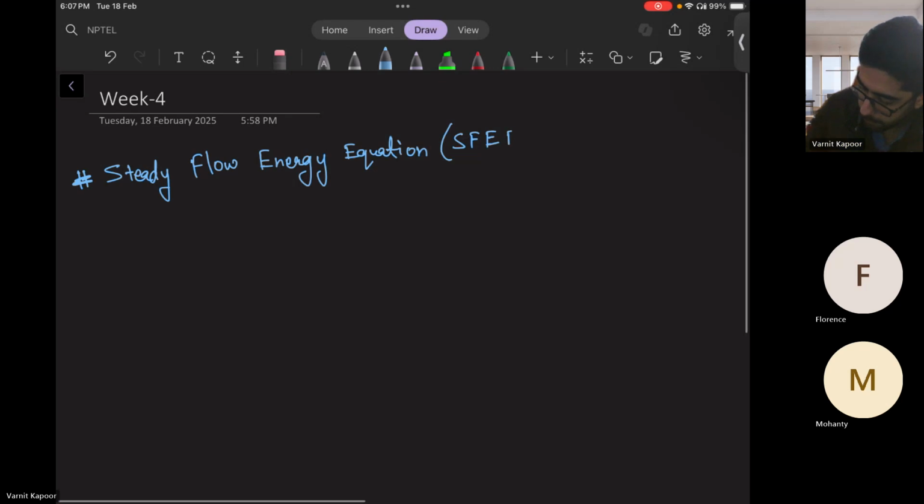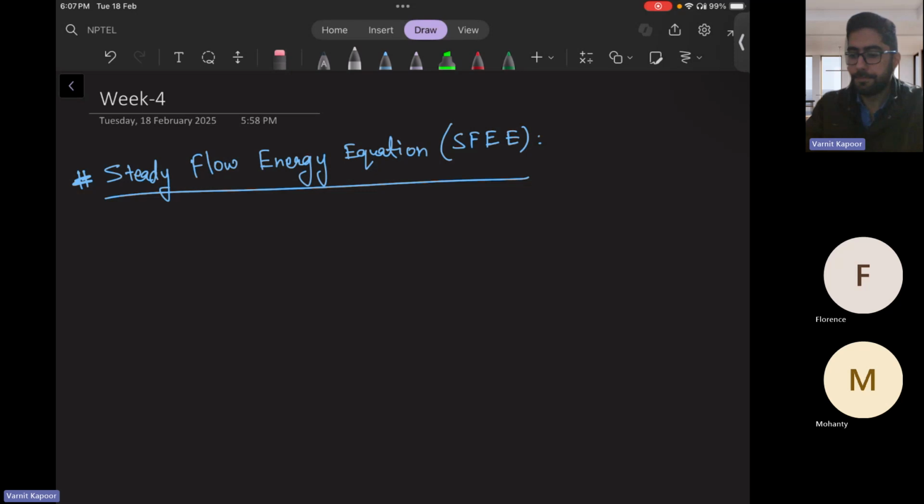So what is basically a steady flow energy equation? It's nothing but an equation that describes the conservation of energy in a flowing system. So it is used for open system work.